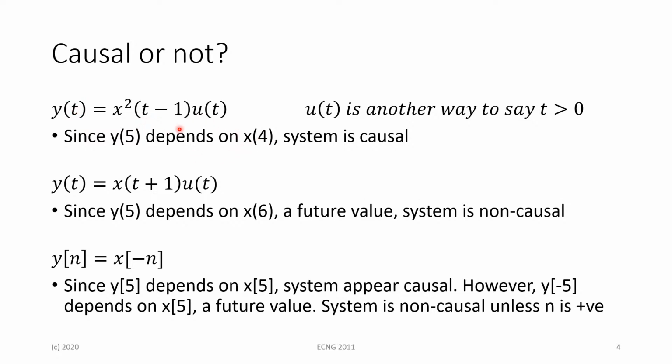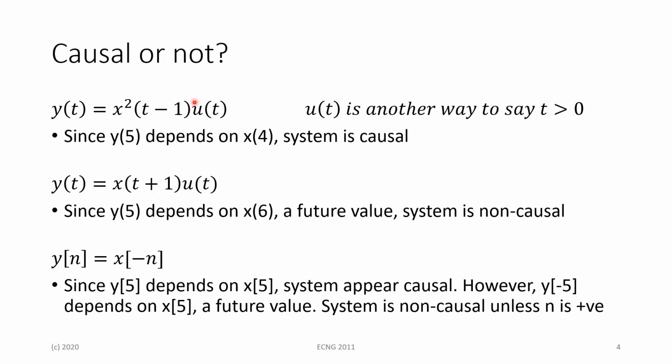And x of 4 occurred before y of 5, because we're watching in terms of what's in the brackets here. So on the left hand side, we're watching at the time instance of 5, but on the right hand side, we're watching at the time instance of 4. And because the time instance of 4 is in the past compared to the time instance of 5, we say in this case that our system here is causal.